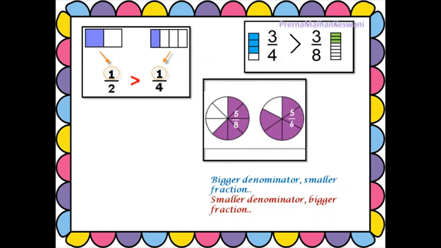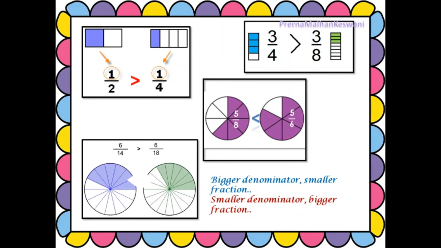Now 5 by 8 and 5 by 6. Here, let's go by the shortcut method. 6 is smaller than 8. So 5 by 6 is bigger than 5 by 8. In the last example also, 6 by 14 and 6 by 18. 14 is smaller denominator than 18.